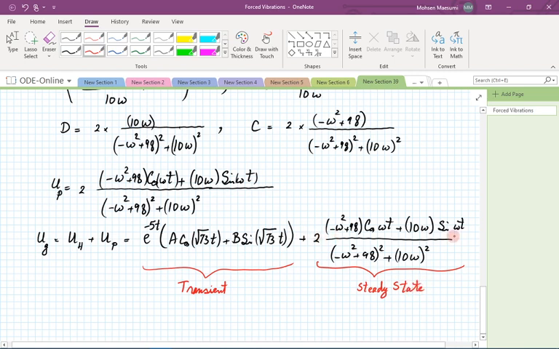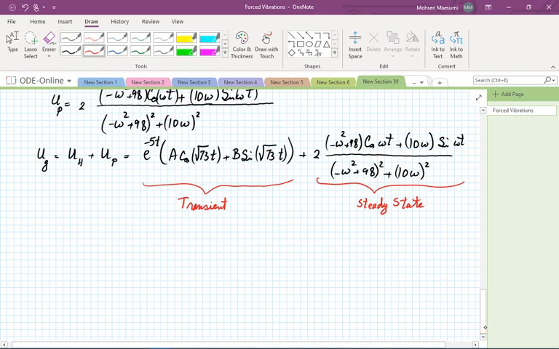Typically, you pay attention to steady state because this one is going to get washed away anyway, and A and B are dependent on your initial conditions. So to find u for our problem, what should we do? I want to find u.